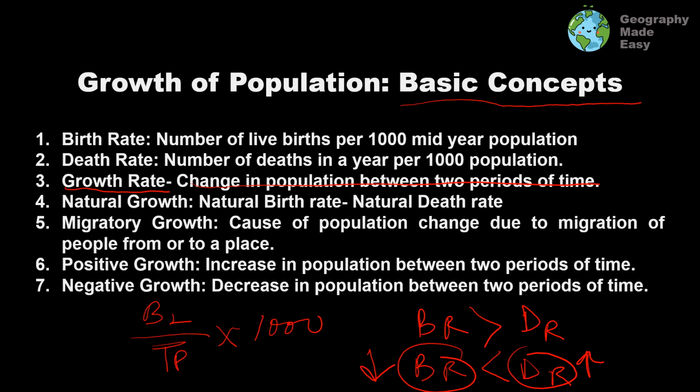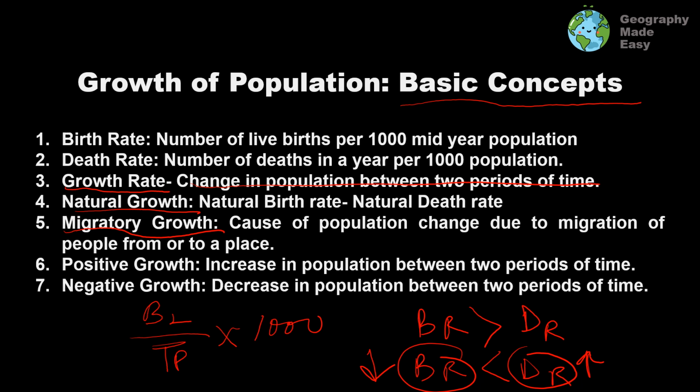Now let us look at the other types of growth. So we have the natural growth which we have discussed. We have the migratory growth. Migratory growth is the change in the population due to migration of people into one place or from one place into another place. So for example, if there is conflict in one area and people are moving away from that conflict-ridden country into another country, there is a negative growth rate in that area.